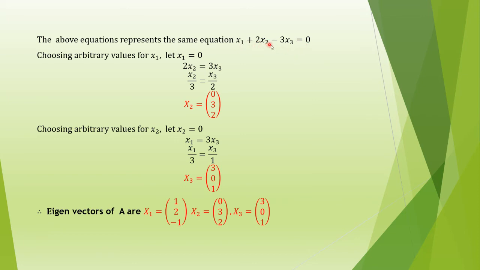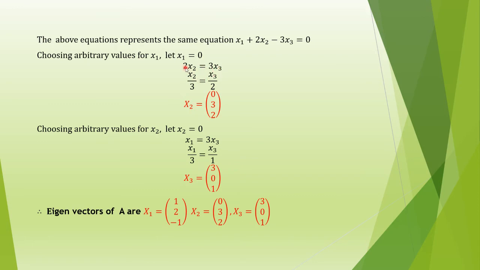So x1 plus 2x2 minus 3x3 equal to 0 I have taken. Here let x1 be equal to 0, that is only an assumption. You can take any value, but taking 0 makes it easy to find the values. If x1 is equal to 0, then 2x2 minus 3x3 is equal to 0, so 2x2 is equal to 3x3.